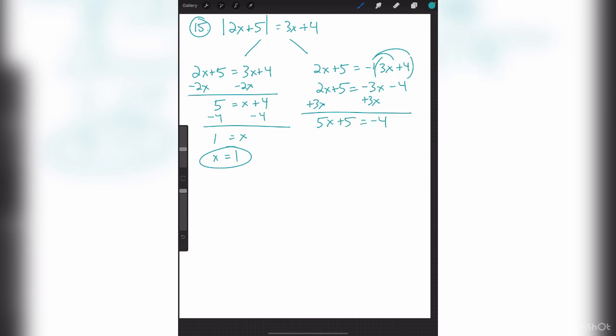And then I'm going to subtract 5 from each side. Okay, and I get 5x is equal to negative 9. Okay, so now that I've gotten here, I want to go ahead and divide each side by 5. And I get x is equal to negative 9 over 5.